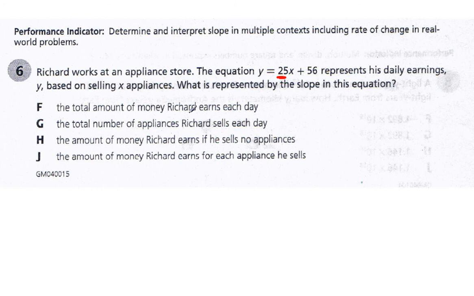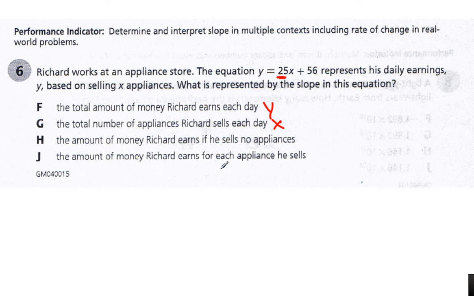So let's look at our answers. The total amount of money Richard earns every day, the total is going to be y. The number of appliances he sells, that's x. The amount of money he earns if he sells no appliances: if we have 25 times 0 plus 56, he would have earned $56.